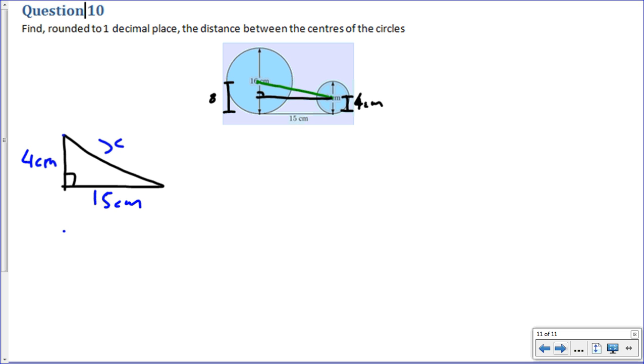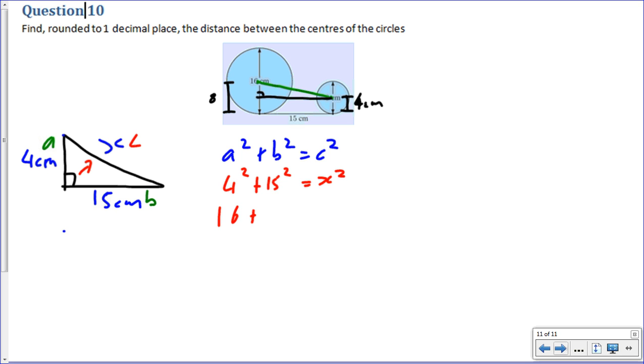So on that there, I'm going to label it. So opposite the right angle is C. We've got A and we've got B. So now we're going to have A squared plus B squared equals C squared. So we've got A, which is 4 squared plus 15 squared equals X squared.